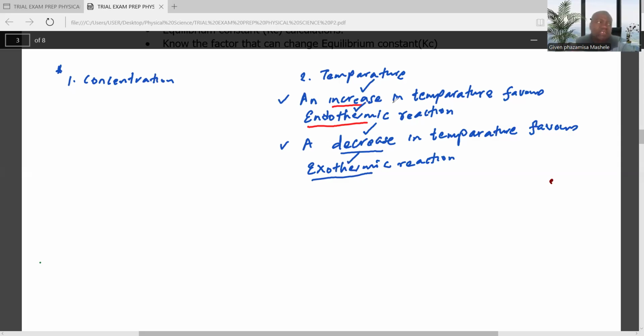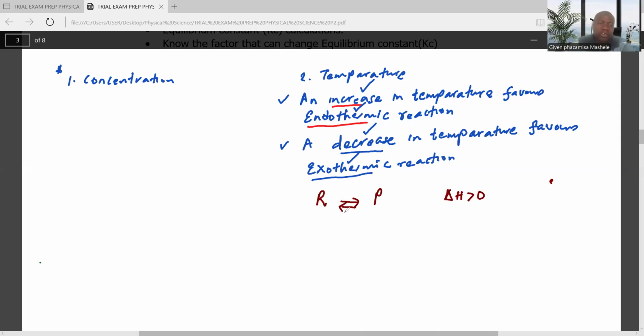So in a reaction, you need to be able to know which one of these reactions is endo and which one is exo. For example, let's say you are given a reactant, and this reactant forms product, but they write a double arrow.